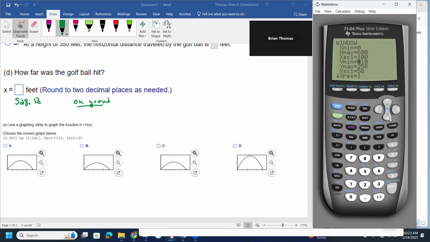That looks okay. The y min is going to be 0. The y max is 140. And then my y scale, they want us to go by 20s. So if I graph that, it should generate a graph that looks more like what they have. So notice how my graph mirrors more like D.